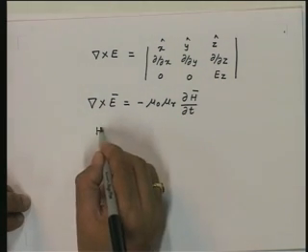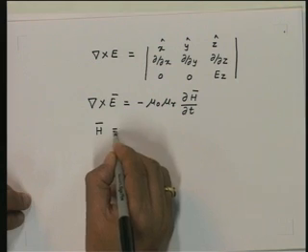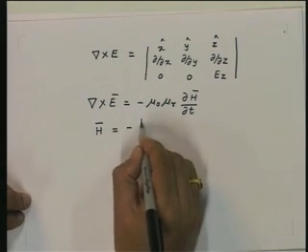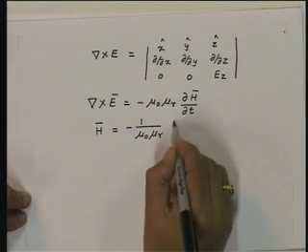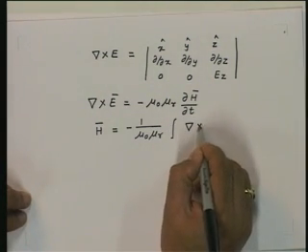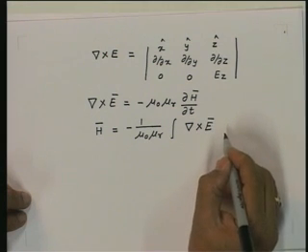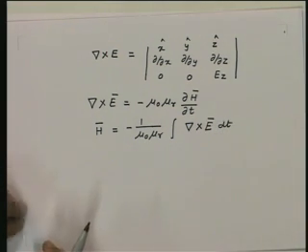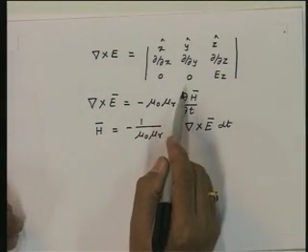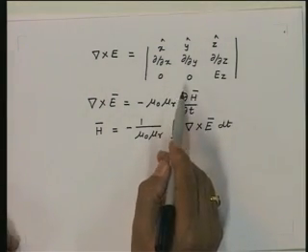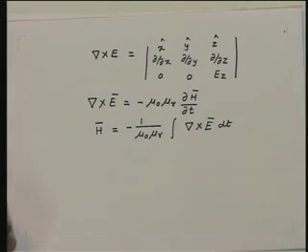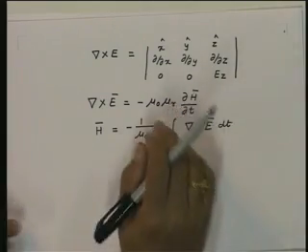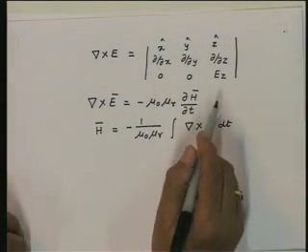So, the magnetic field H will be equal to minus 1 upon mu 0 mu r integral del cross E dt. Now, since E is not a function of y, dEz by dy is identically 0.